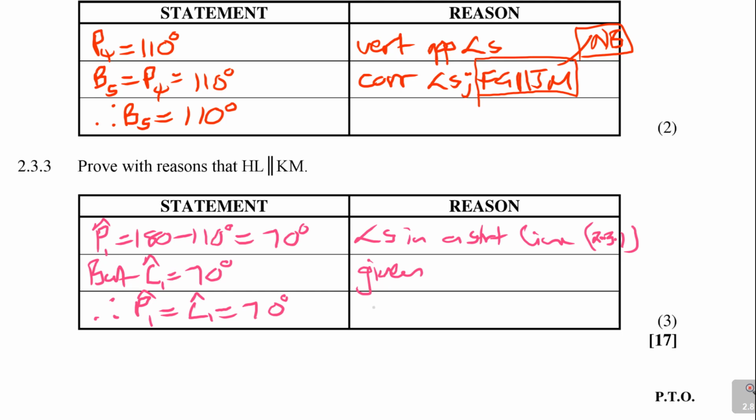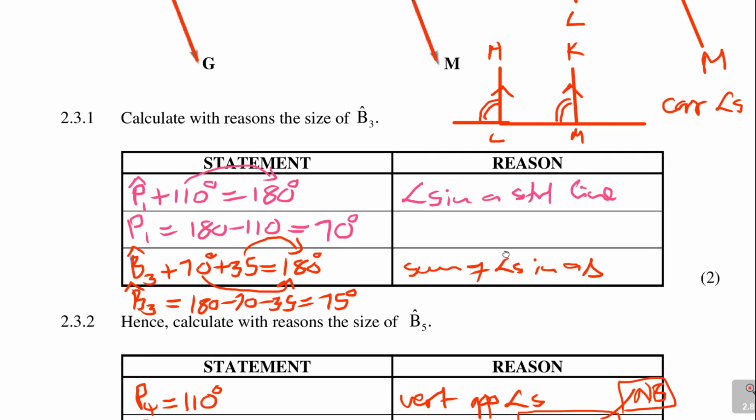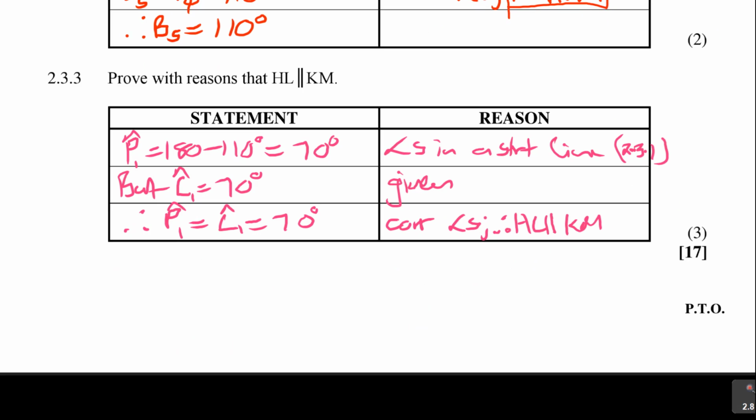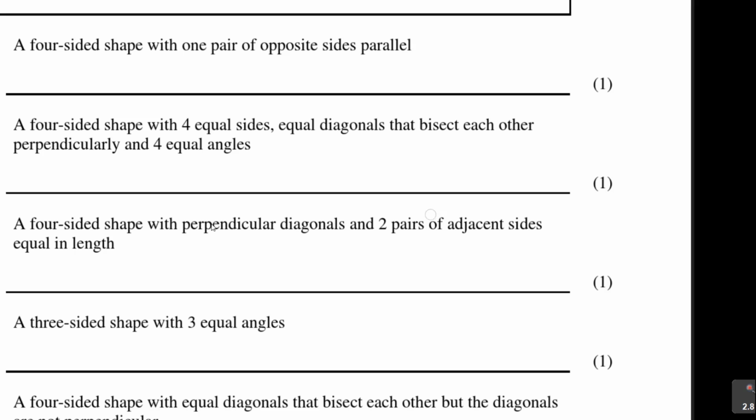Then before you say therefore, you write corresponding angles, and then you conclude HL is parallel to KM. Are you seeing that? That's how this goes. Guys, you need to revise and go through these slowly so that you can grasp this. Okay, now let's go to question number 3.